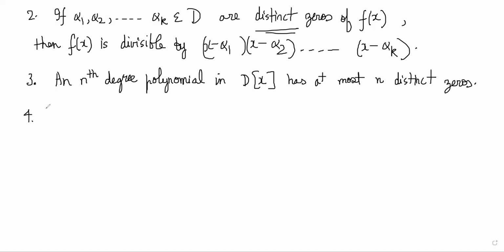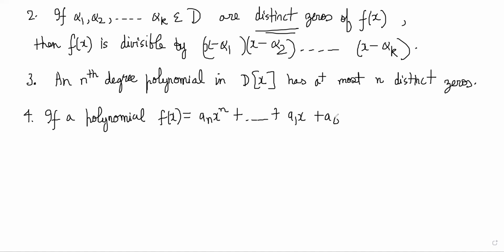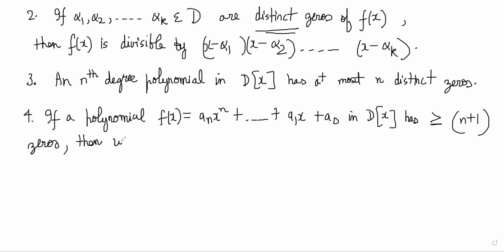Then we have a very important result. If a polynomial f of x which has nth degree, so it is a_n x^n and so on till a_1 x plus a_0 in D of x, has greater than or equal to n plus 1 zeros, so we have a polynomial of degree n but it has more than or equal to n plus 1 zeros, then we say that f of x is identically 0.